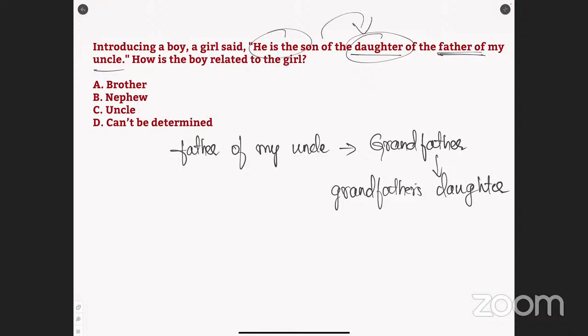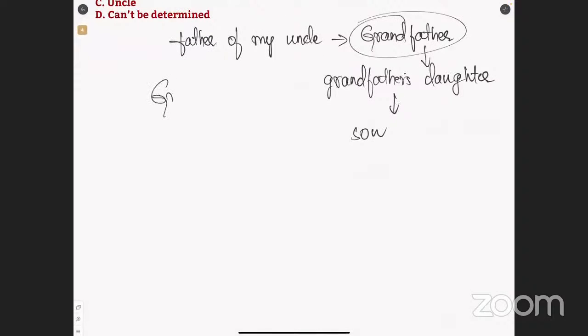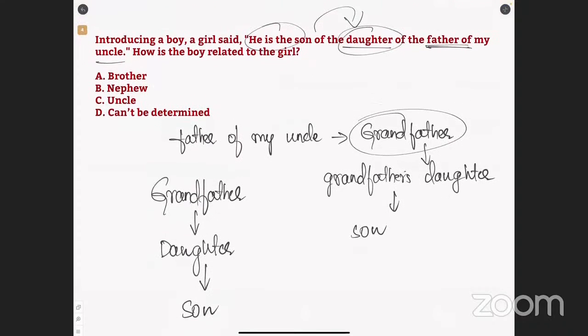That is the daughter of the father of my uncle. So that is grandfather's daughter's son. Once again, first we have the grandfather, and that grandfather has a daughter. Let me just write it down. Grandfather, and grandfather has a daughter, and that daughter has a son. Now that is the thing.